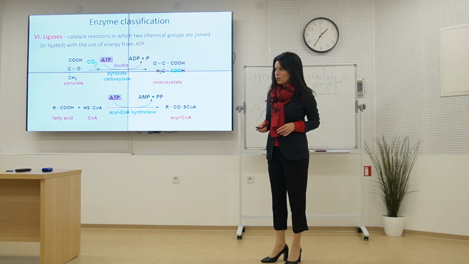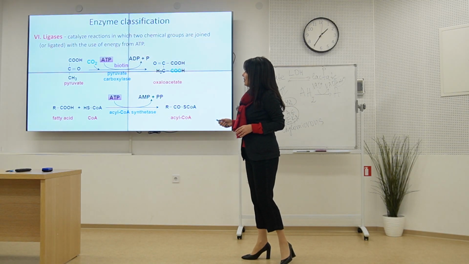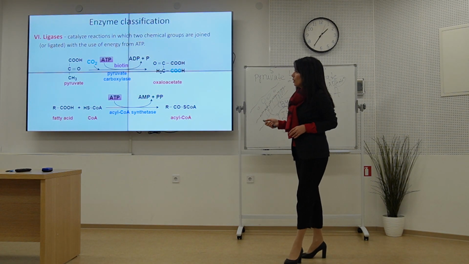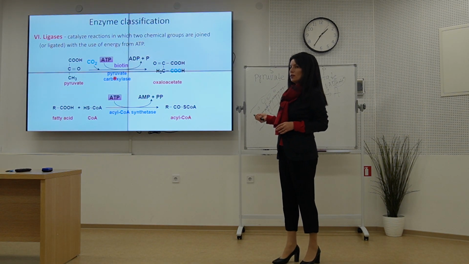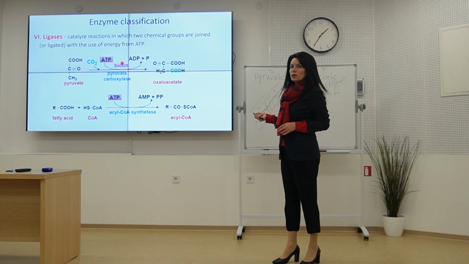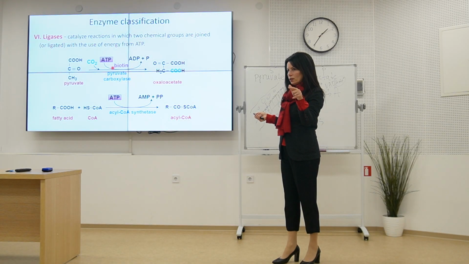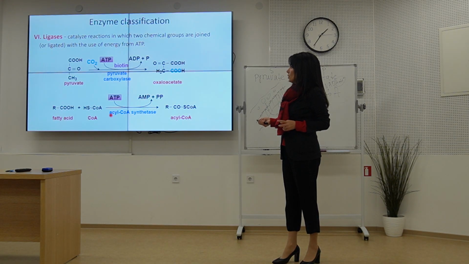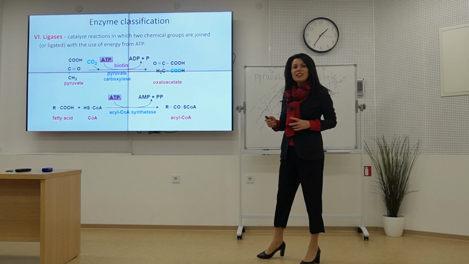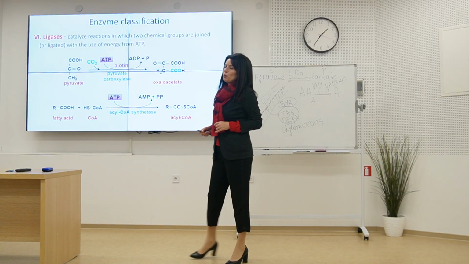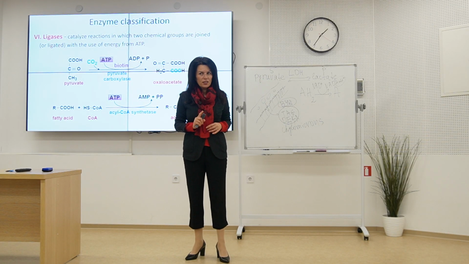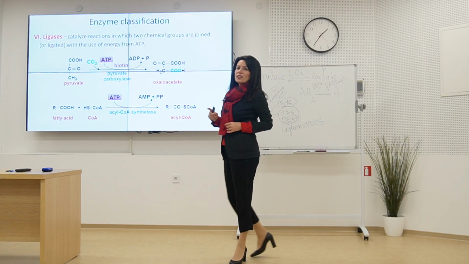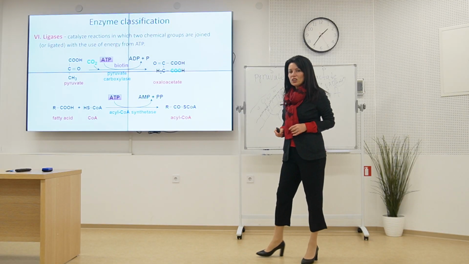Lyases do not. One more: ligases are of 2 types. The first type of ligases are carboxylases that use biotin. We said something about biotin together with ATP. One more type of ligases are synthetases. There is a difference between synthesis and synthetases. Synthetases means that they use ATP. Synthases don't.